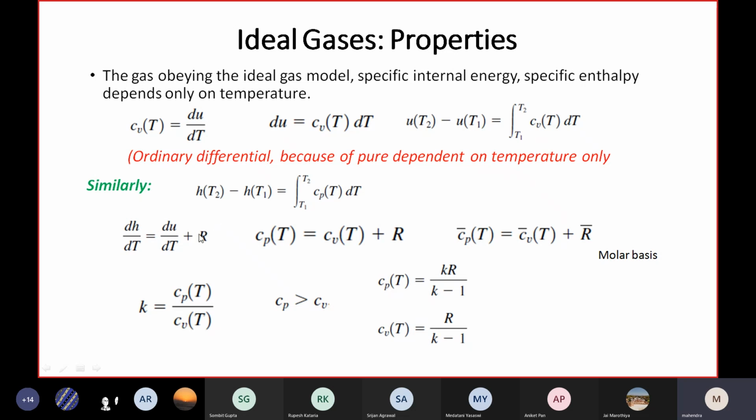Instead of PV, we have substituted RT by following the ideal gas law. Then we take differentiation on both sides, and it comes like this: Cp equal to Cv plus R. That means Cp is higher than your Cv. This ratio Cp by Cv we are considering as k over here.